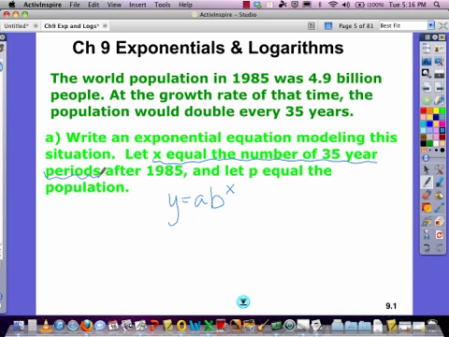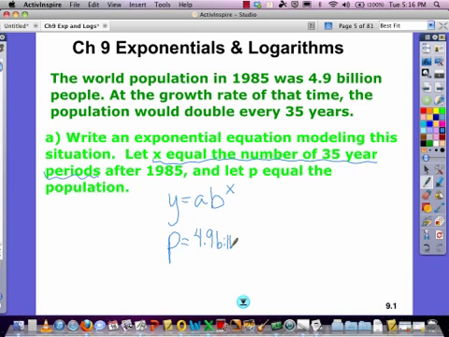And then let p equal the population. So if we go with what's going on here, the population we're trying to get would be p, so that's y. Our initial value, according to this, was 4.9 billion. You either remember that or write it in. You could write it out, but we want to remember it.